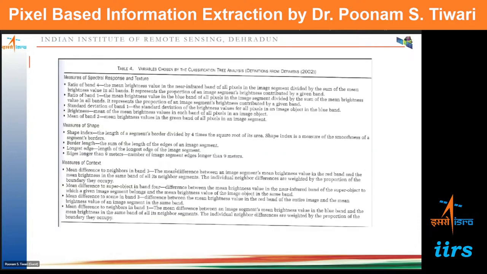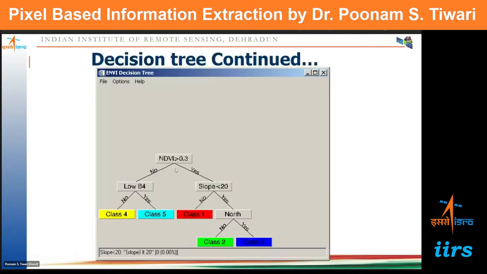We have discussed the pictures, you can take ratios, any type of information, and make rules out of it. There is no need to have only one single rule. You can see they are making rules for NDVI, for band 4 value, for slope value, and so on.